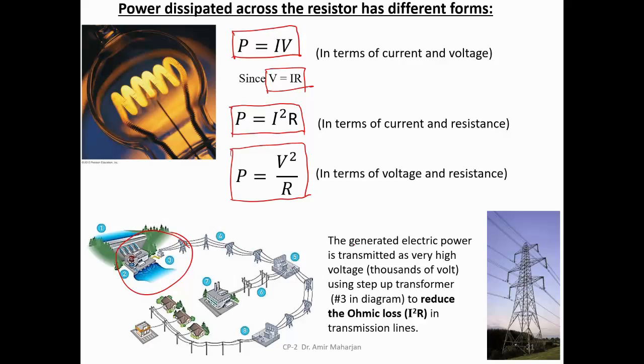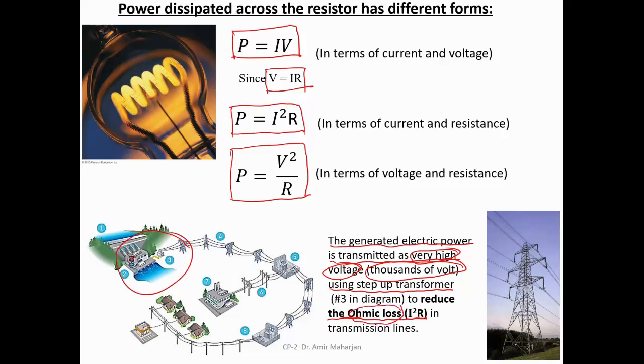Any generated electric power must be transmitted with a very high voltage, thousands of volts, using a step up transformer, mainly to reduce the heat dissipation, the loss of heat. It's called ohmic loss.